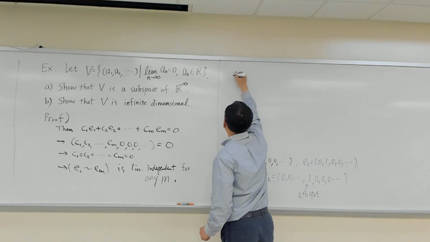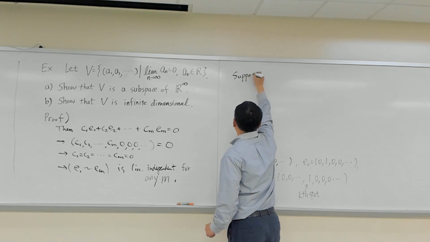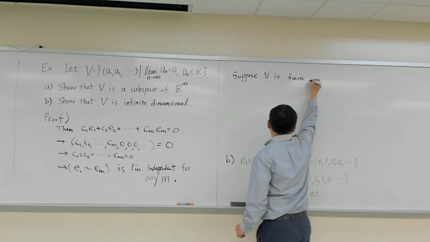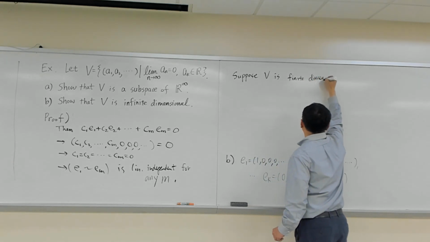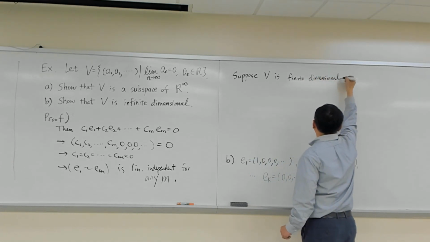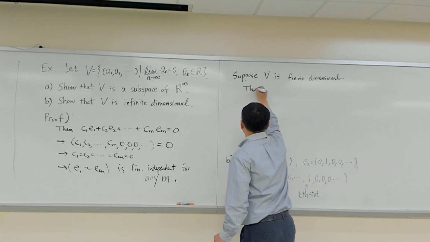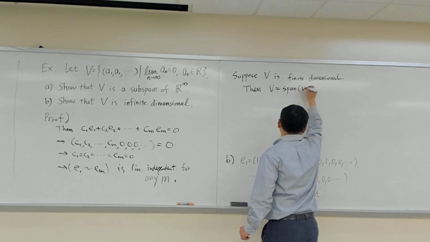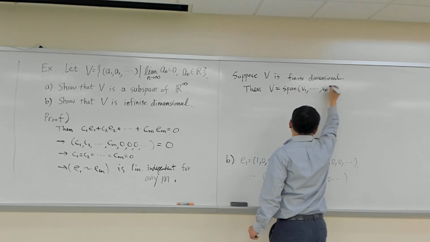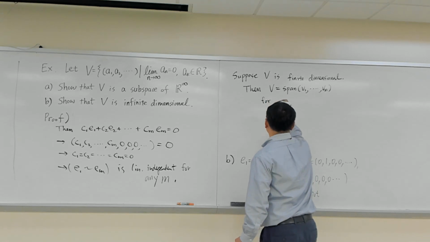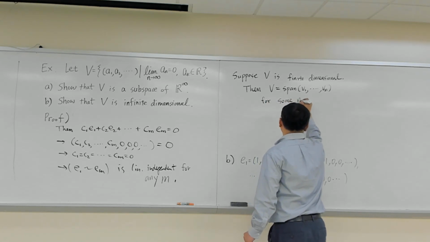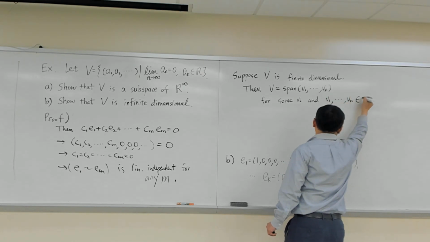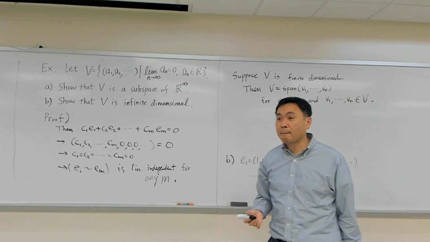Okay. So now you prove by contradiction. Suppose V is finite dimensional. Then V is the span of V1 through Vn for some n. Right?